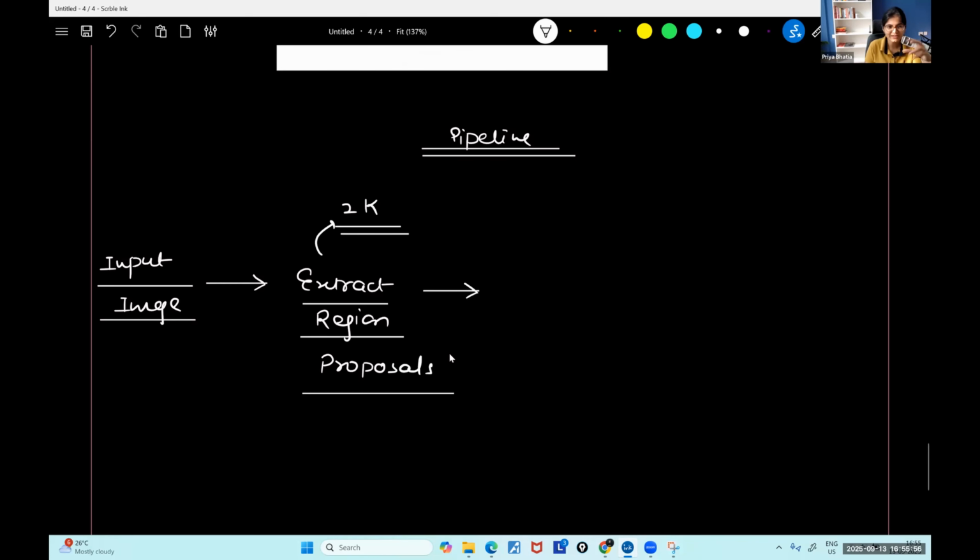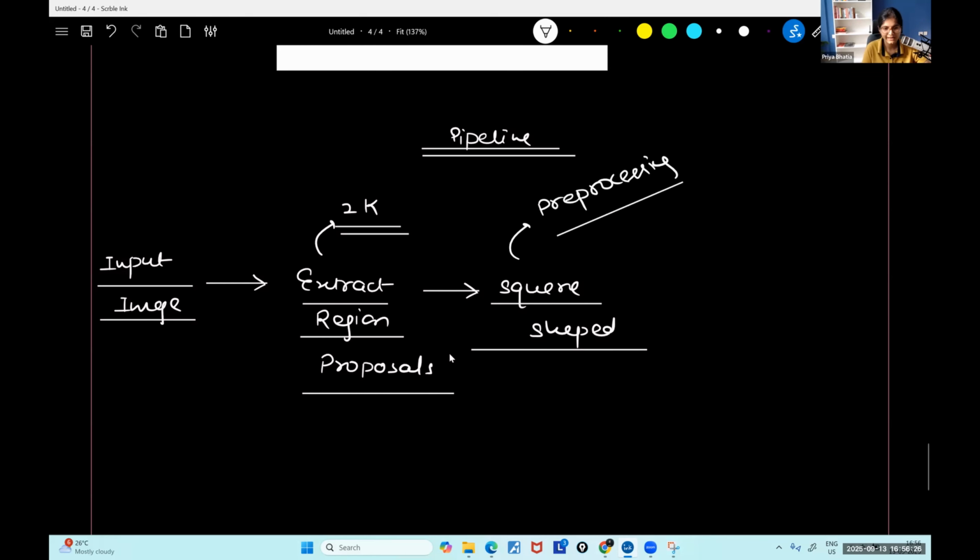Now for every single image, 2000 times, it will repeat the same task. What is that task? Now you have to listen. It will make sure that every image is square shaped, that's what I talked about. So if the shape of the region proposal it is trying to detect is not square, it will try to convert that. This comes under the pre-processing task.